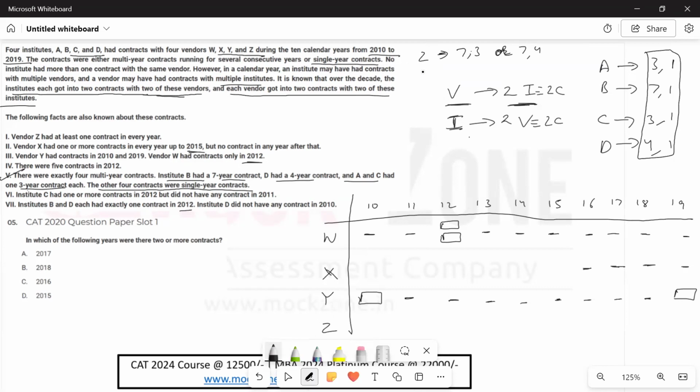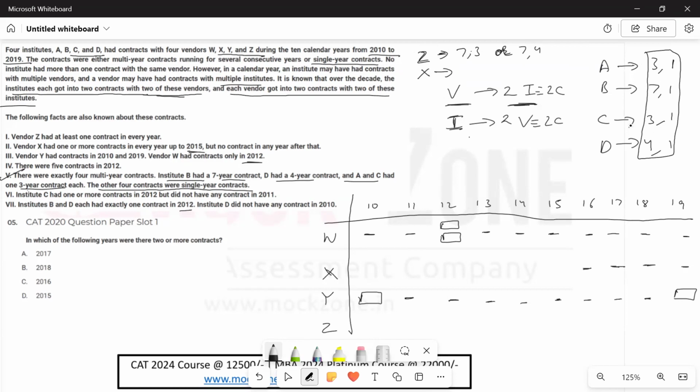Okay. Now if we talk about vendor X, he needs to have a 6-year contract. We know that 7 has been booked by Z, the 7-year contract. The remaining contracts are 4, 4, 3, and 1.